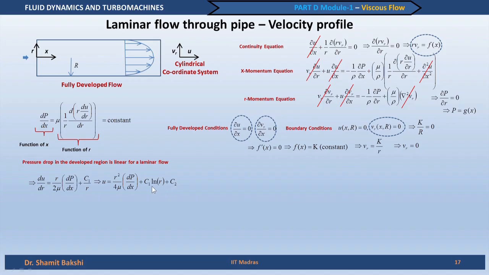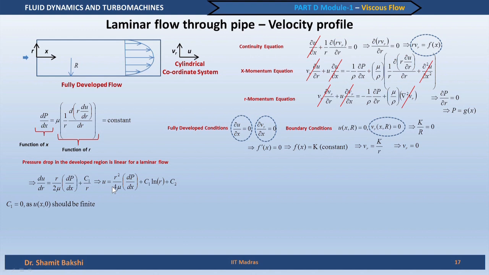If you look at this term, the C1 ln r, this C1 has to be 0. Why? Because u(x, 0) should be finite. If you try to find out u at r equal to 0, so r equal to 0 is the center line of the pipe.